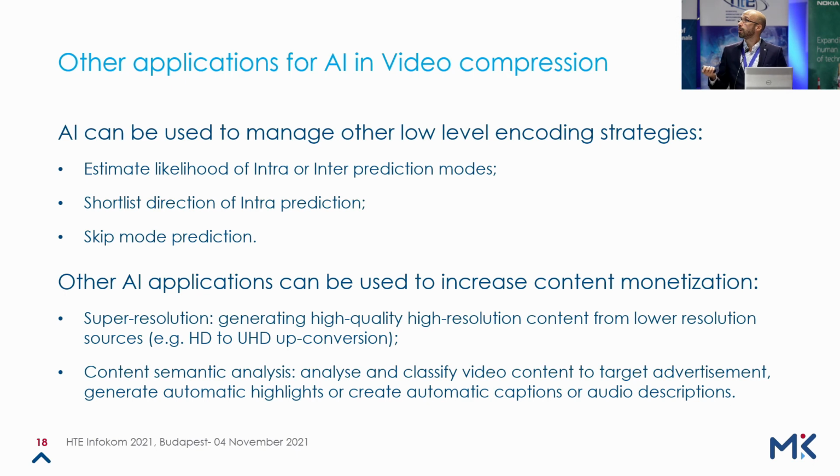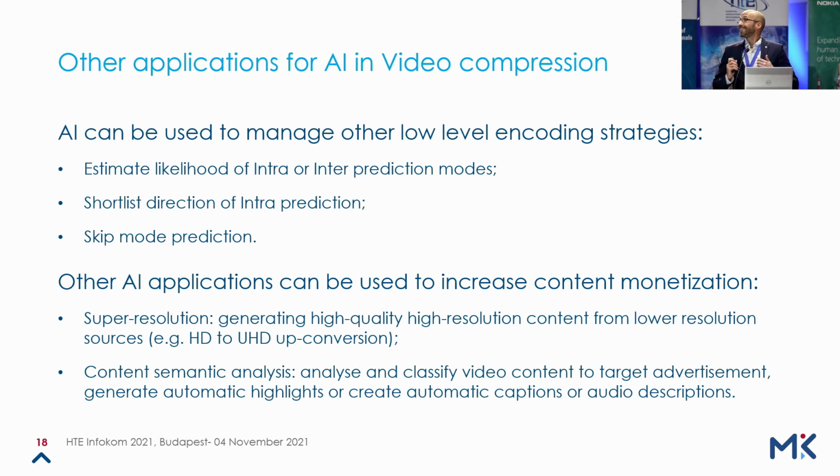For example, you can estimate the likelihood of inter and intra predictions to, again, shortcut and not compute everything, with minimum penalties in video quality. You can also shortlist directions on inter predictions, or also try to estimate skips. So again, you can compute fewer modes without impacting the quality as much.